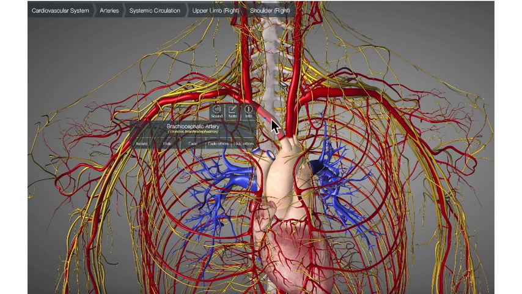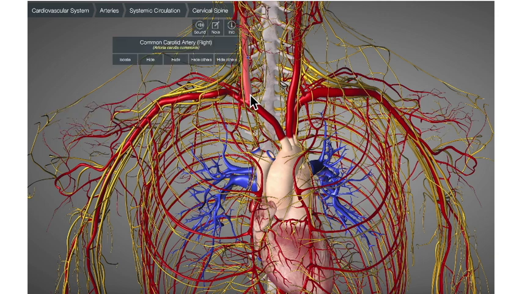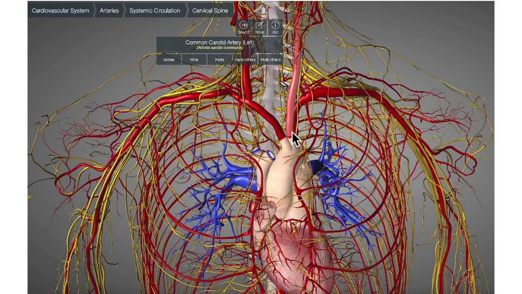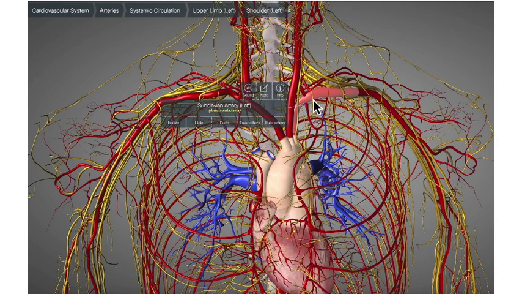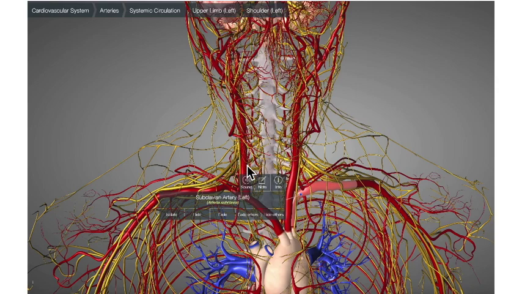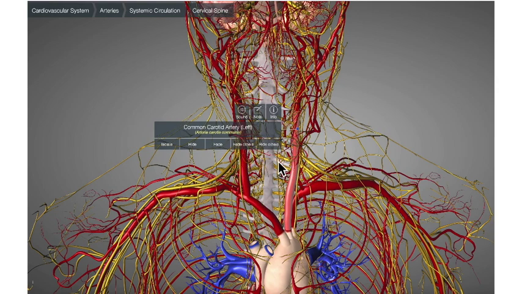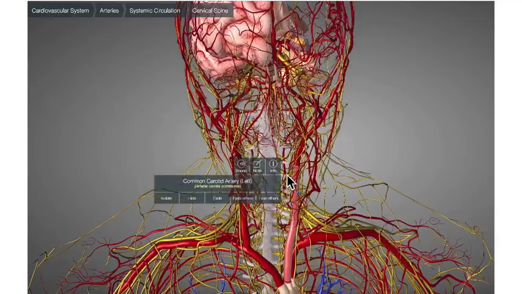Here is the brachiocephalic artery, and the subclavian artery on the right side is a branch of the brachiocephalic artery. On the left side, the subclavian artery is a branch of the aorta. Here are the common carotid arteries.